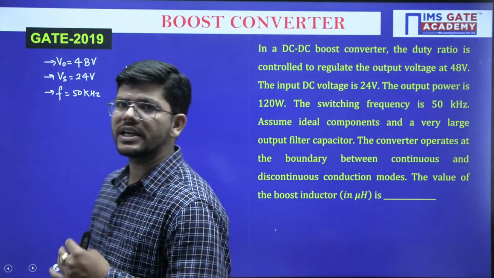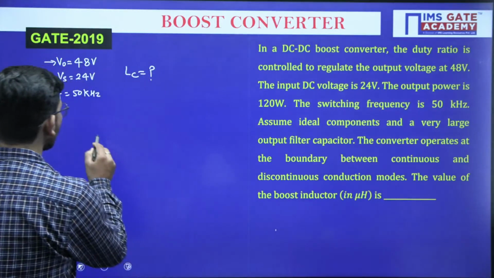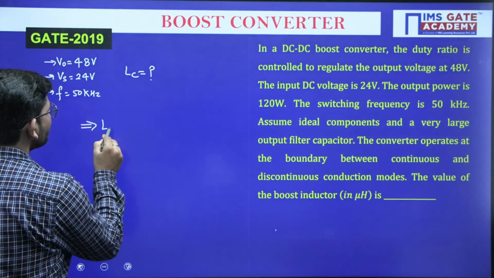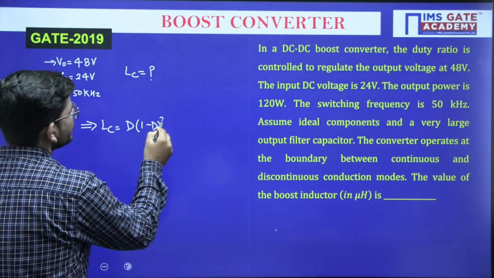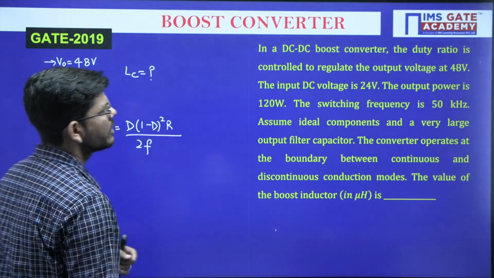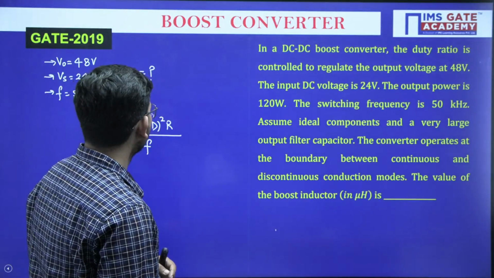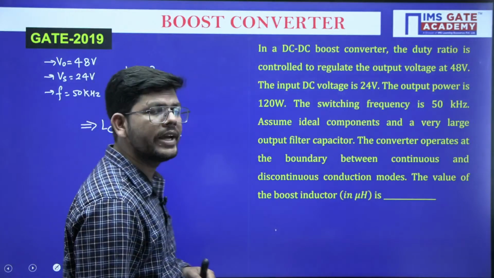This is the same situation in which we derived the formula of LC. And what is the formula of LC? It is D 1 minus D square R by 2F.